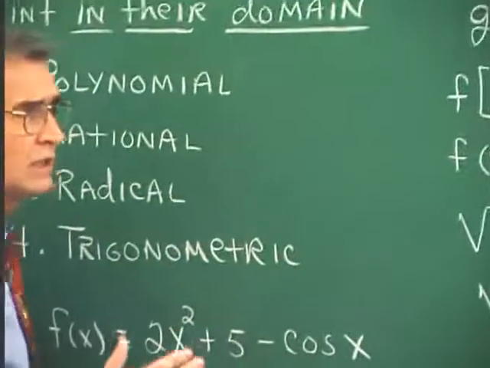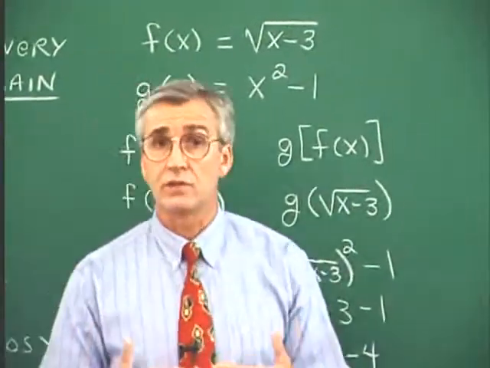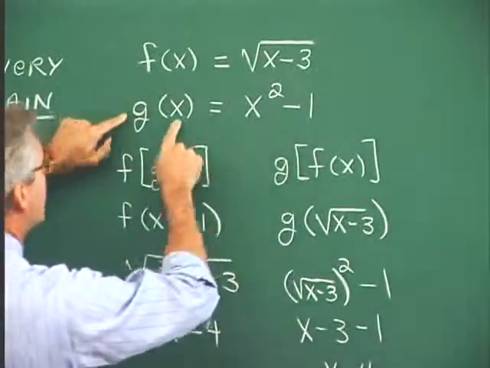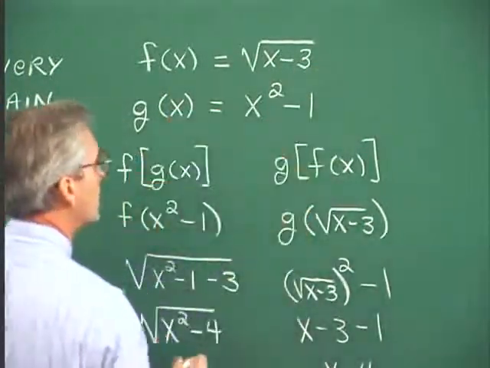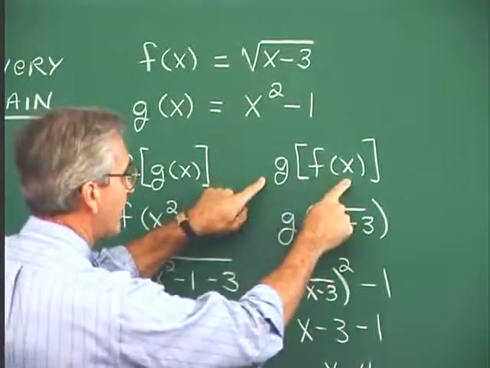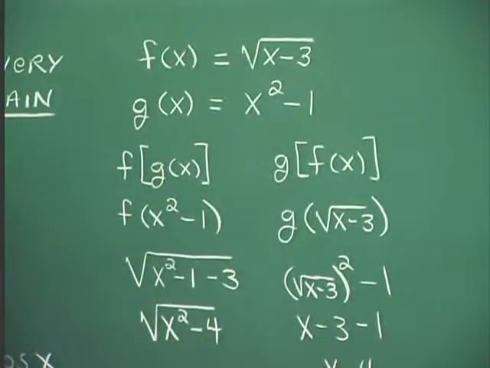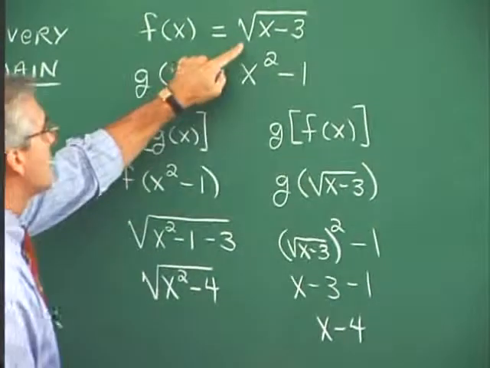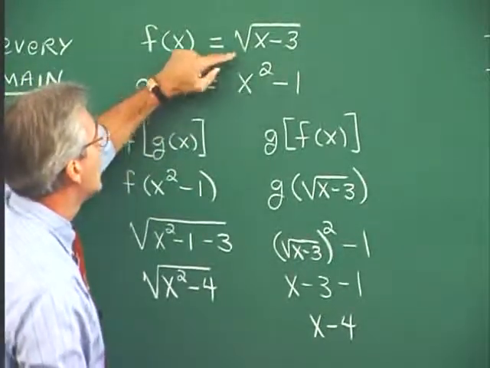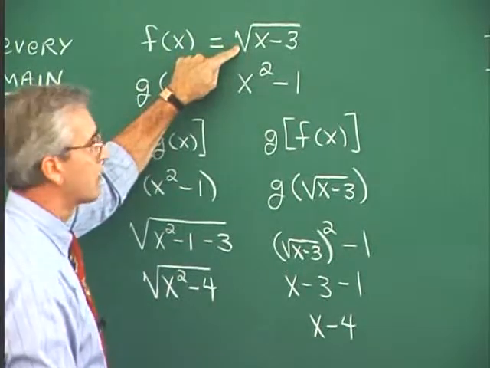Okay, what about combining functions in another way? That is, what about the composition of functions? Here we have f of x as this radical function and g of x as this polynomial function, and I've calculated f of g of x and g of f of x. Both of these are continuous over their domains. The domain here would be x values greater than or equal to 3.